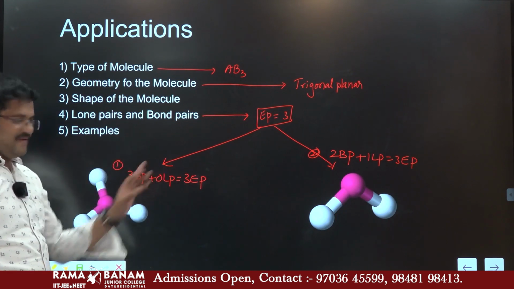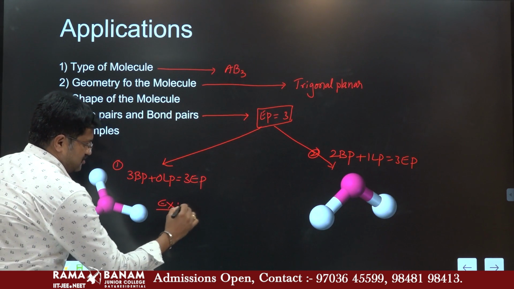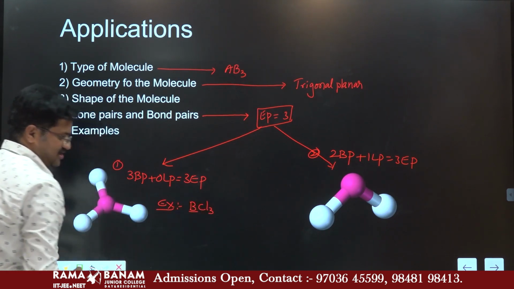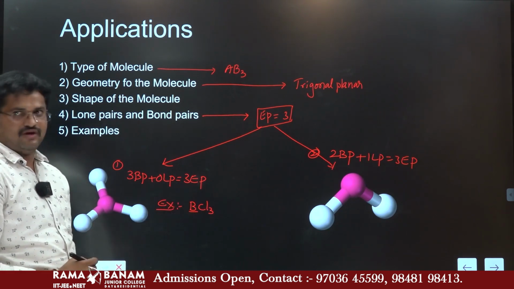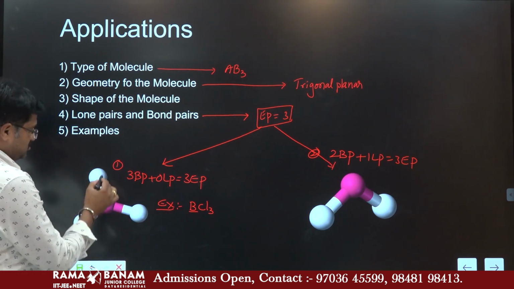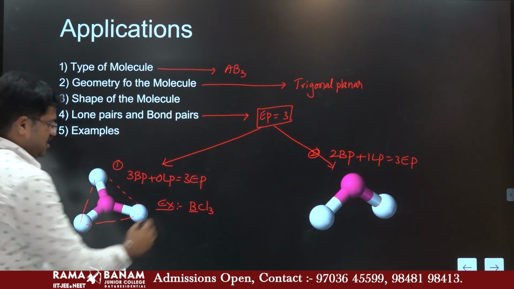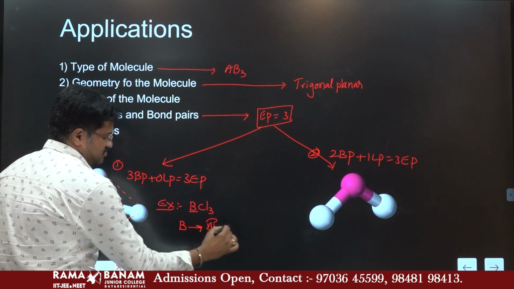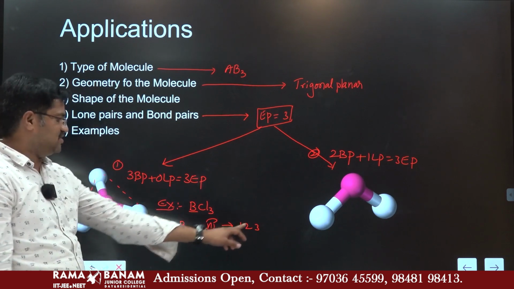For 3 electron pairs, an example of the molecule is boron trichloride, BCl3. Boron trichloride, boron trifluoride, or any boron trihalide has trigonal planar geometry. Boron belongs to the third A group, with 3 electrons in the valence shell.